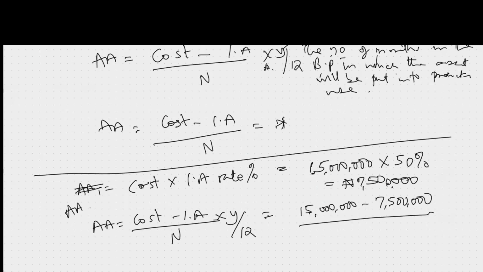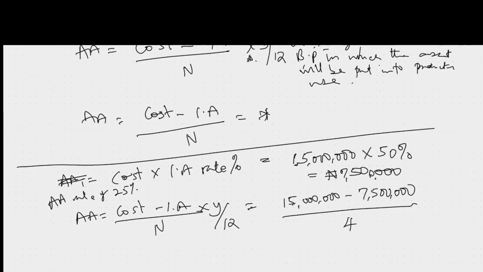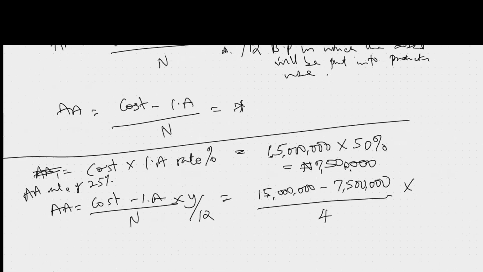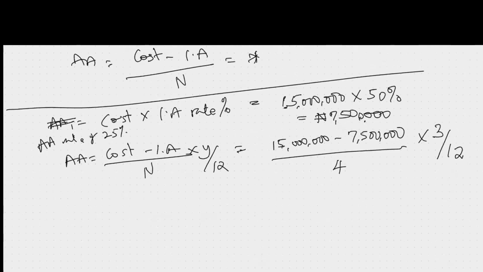So how many years would the asset be used? 4 years. But unfortunately, we only used 3 months in that basis period. So I will now say 750K multiplied by 3 over 12, and divided by 4.